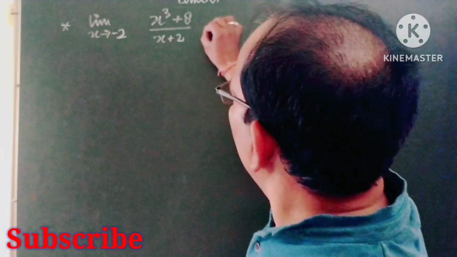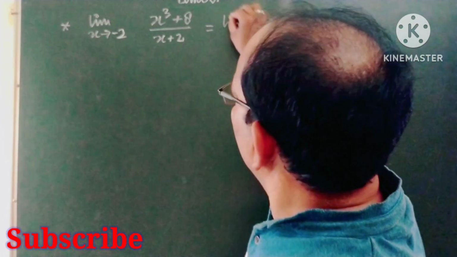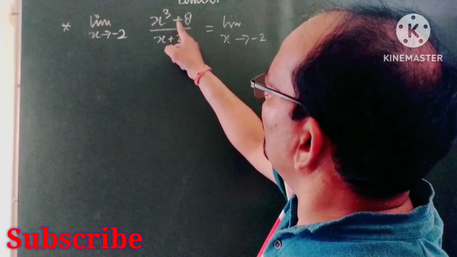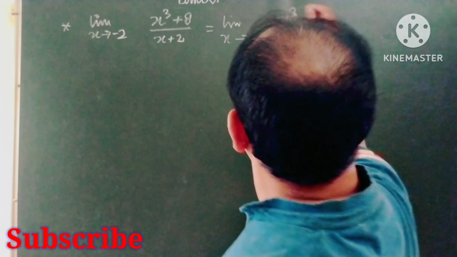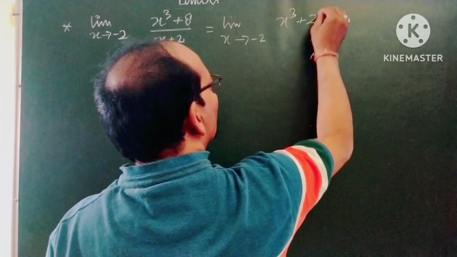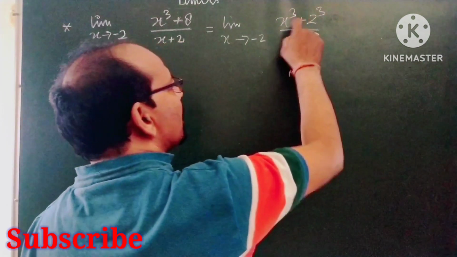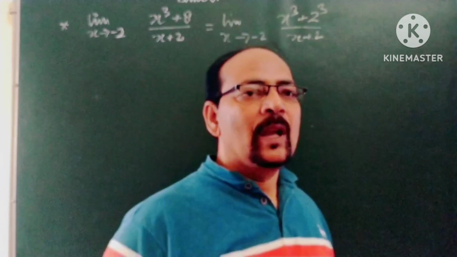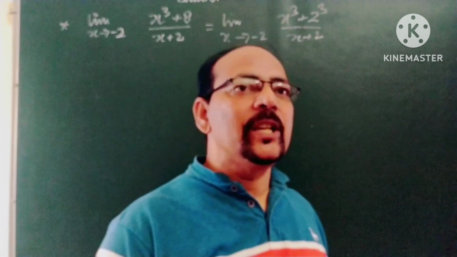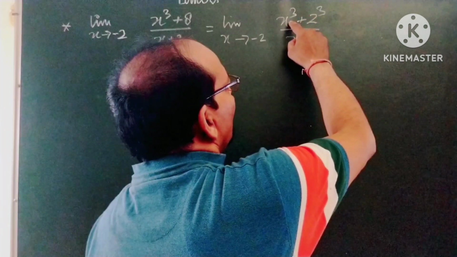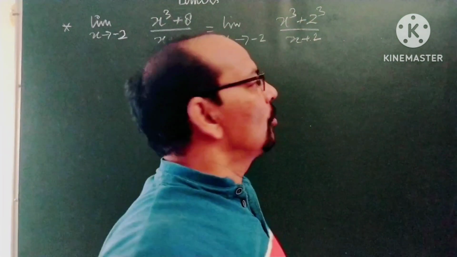Therefore take limit x tends to minus 2 of x cube, which is x cube plus 2 cube upon x plus 2, and use the formula in the numerator, a cube plus b cube, because this is the form of a cube plus b cube.